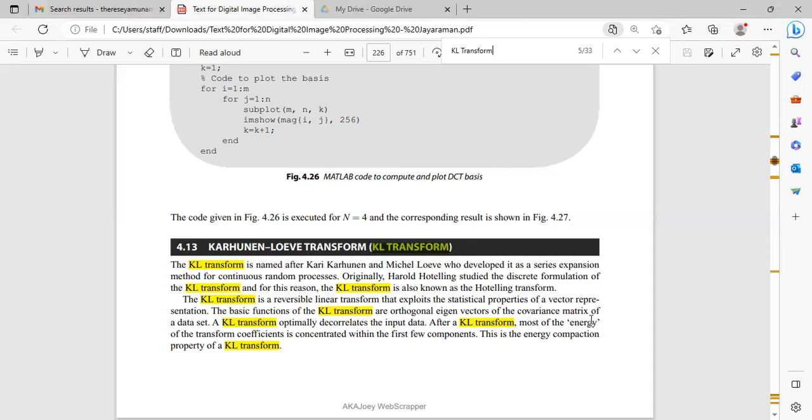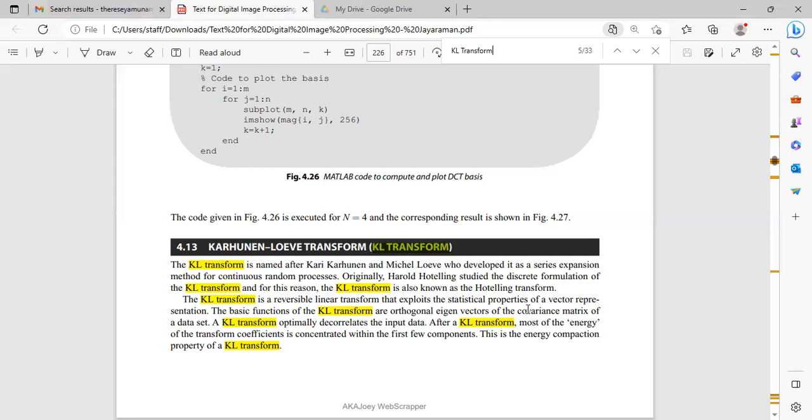So after a KL transform, most of the energy of the transform coefficients is concentrated within the first few components. This is the energy compaction property of a KL transform. So what all things do you understand from this paragraph? You can see that you have to derive the covariance matrix.